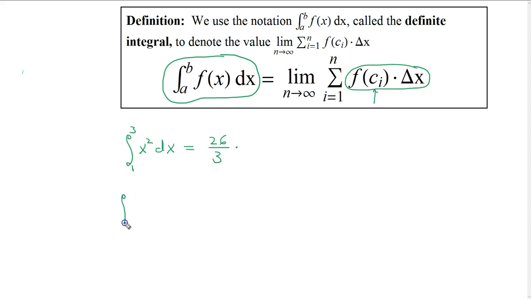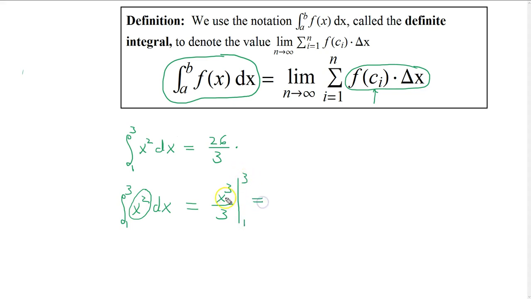Notice that if we evaluate the antiderivative of x squared, that would be x cubed divided by 3. And we evaluate it at 3 and at 1, and we subtract those two numbers. Let's denote it like this.